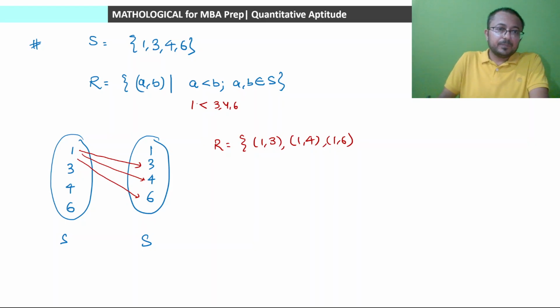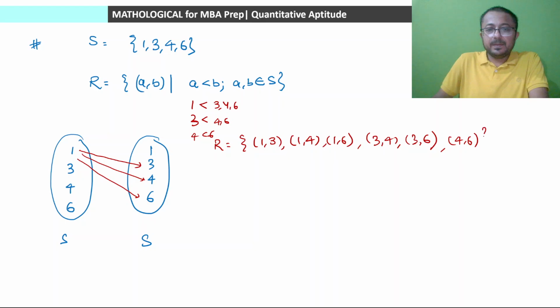Similarly, 3 is the second element of set S, so 3 is less than 4 and 6. So other elements will be (3, 4) and (3, 6). And lastly, 4 is less than 6 only. So (4, 6) is the last ordered pair of relation R. Isn't it so? Total 6 ordered pairs are there in relation R.